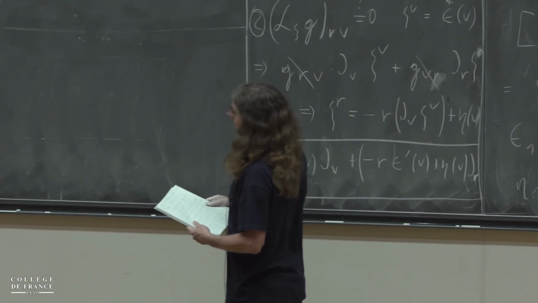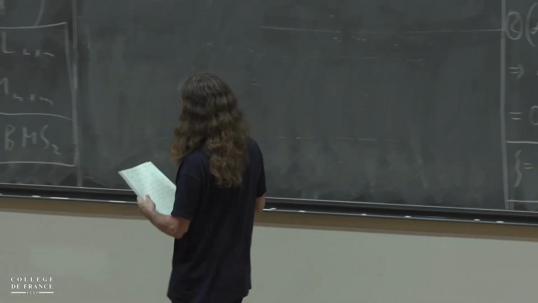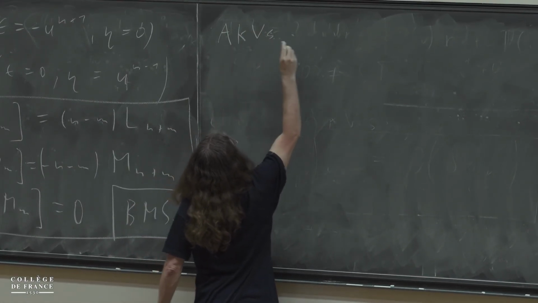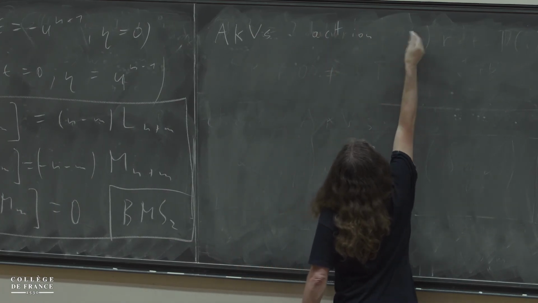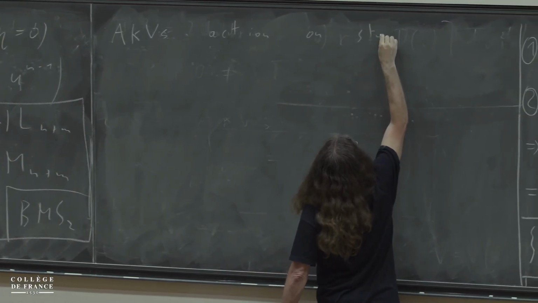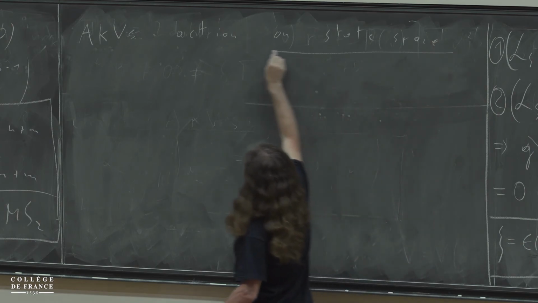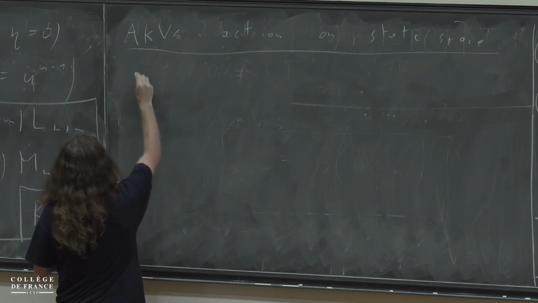So it's very important to find out whether or not there is such a central extension, and more generally, how the asymptotic Killing vectors act on the state space. Concretely, what I mean is how they change P and T.